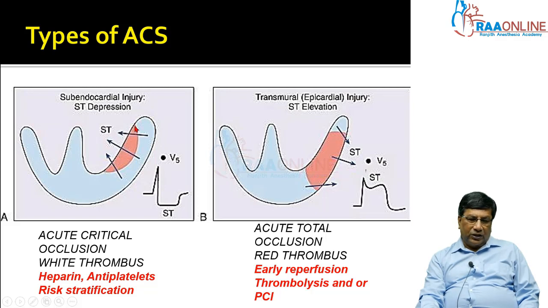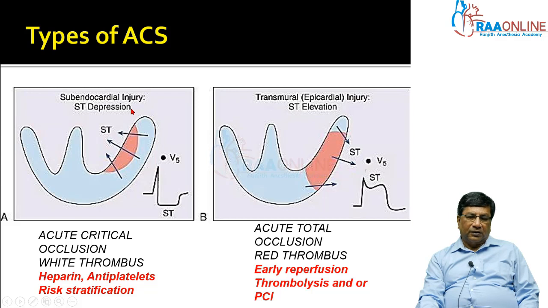If it has injury, it will start in the subendocardial region. So the subendocardial injury will produce ST segment depression. When the patient comes with acute chest pain with ST segment depression, we are dealing with non-ST elevation ACS.